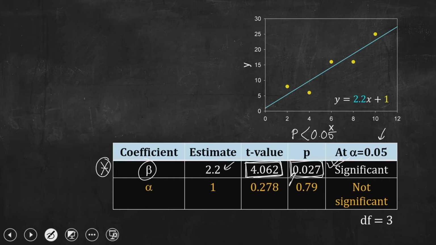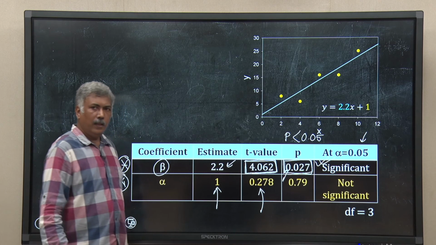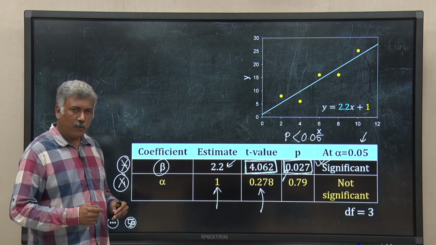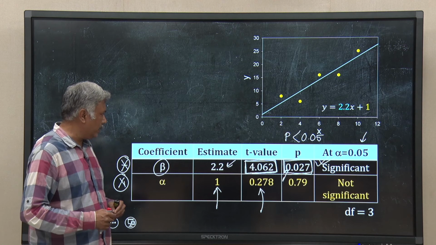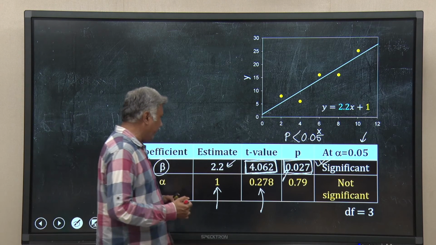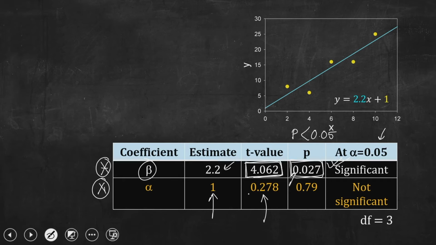Let us look into alpha, the intercept. If you remember, this alpha value is 1. The T value turned out to be 0.278. Now, using the T distribution with degree of freedom 3 in this case, we find that the probability of having 0.278 or bigger value is 0.79. So, this is the p.